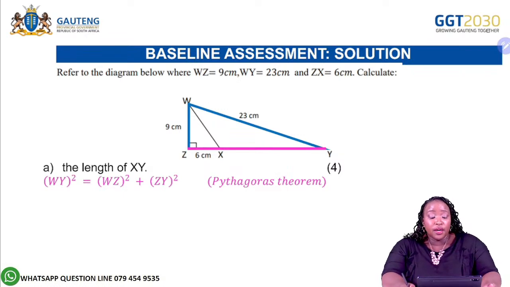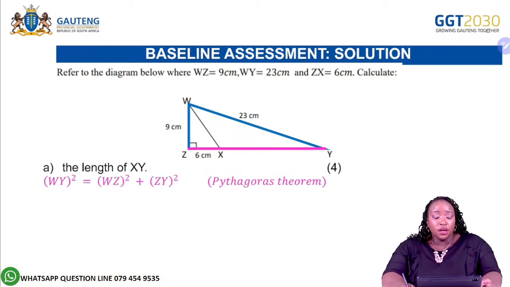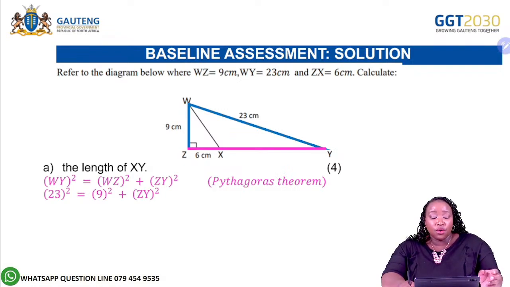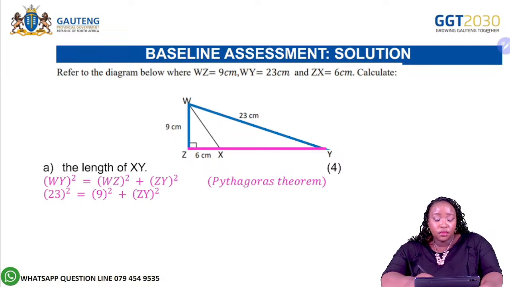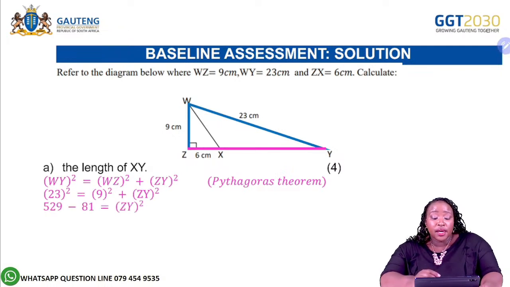So that would mean you are going to use the theorem of Pythagoras, the opposite side plus the adjacent side. Those two will be squared, will give you the square of the hypotenuse, right? So you say hypotenuse squared minus the WZ squared will give you ZY squared, and when you take the square root on both sides, you get ZY to be equal to the square root of 448.